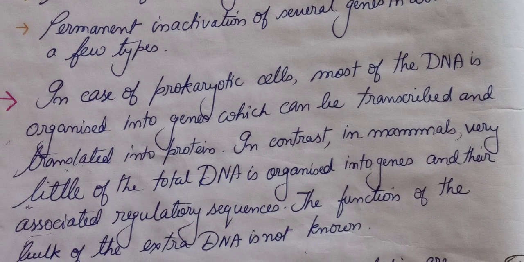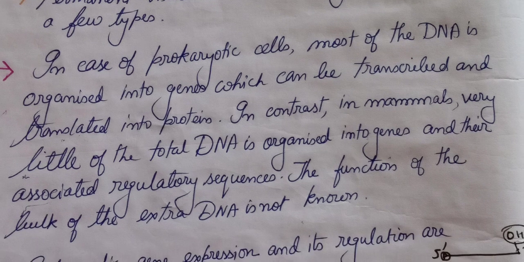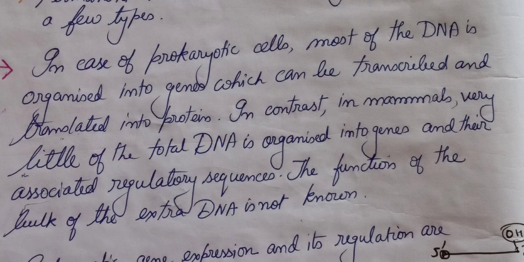Now, in prokaryotic cells, most of the DNA is organized into genes which will be transcribed and translated into proteins. If you compare with mammals, very little of the total DNA is organized into genes.